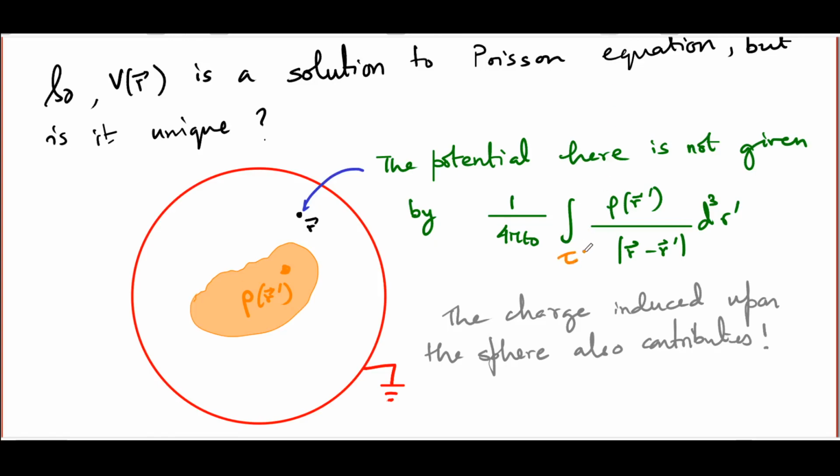And it's easy to see physically why that will not be. The charge density here is going to induce a charge on the spherical shell, and this charge is also going to contribute to the potential at this point. And therefore, the problem cannot be solved in this simpler fashion.